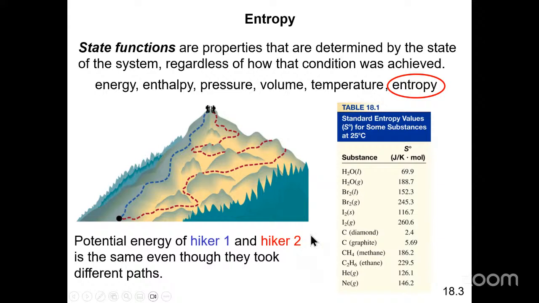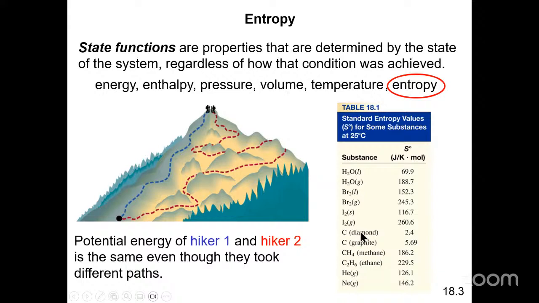If you look at these, you can see the numbers correspond to what we were discussing. For example, H2O gas has a higher value compared to the liquid. Or if you compare bromine liquid and gas, you see the same pattern. Iodine solid and iodine gas, again, the gas has a greater value compared to the solid.